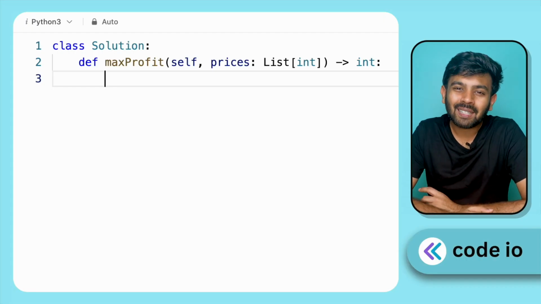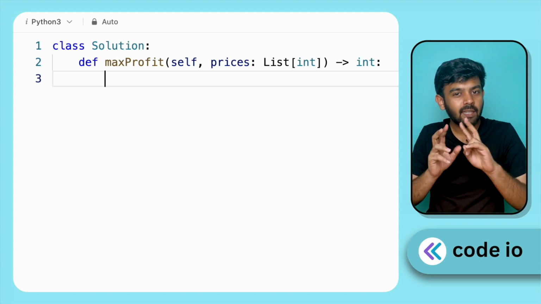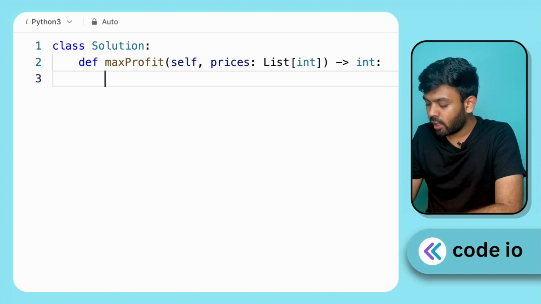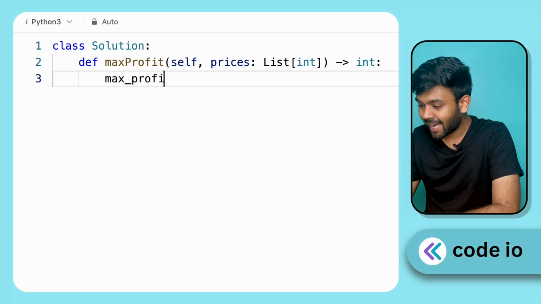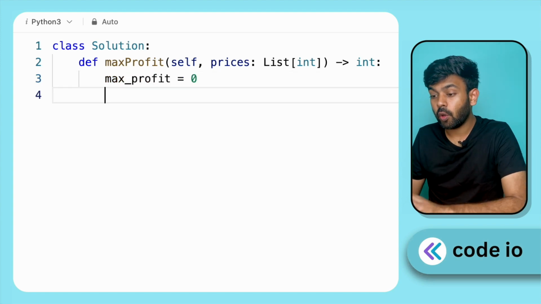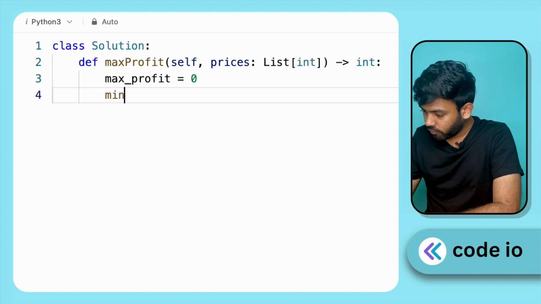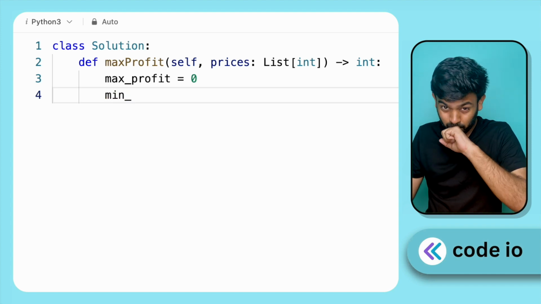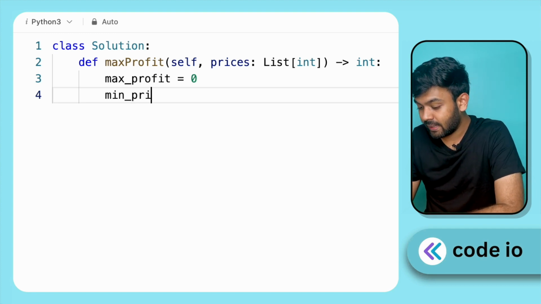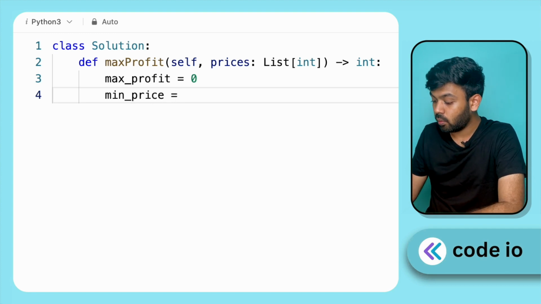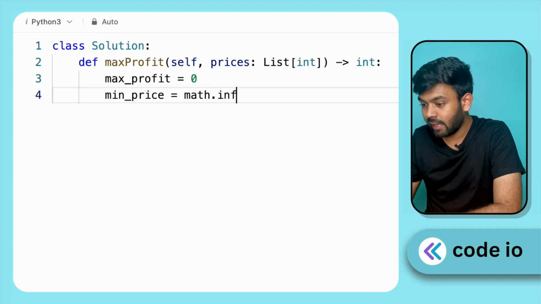Okay, now as discussed in the approach, we are going to have a couple of variables, right? What are those variables? My first variable is max profit, which initially is going to be 0, and the other variable is minimum price. So minimum price is equal to math.inf.